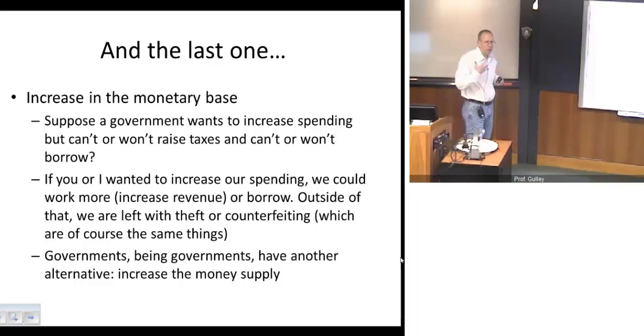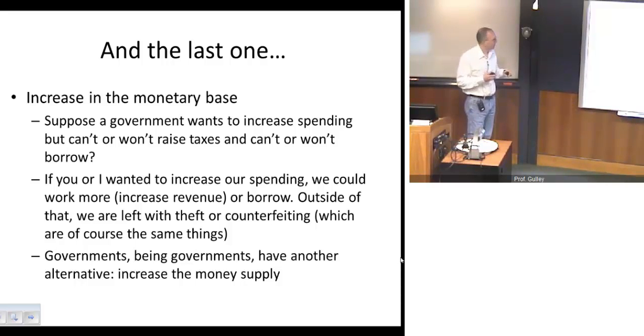If we as people want to increase our spending, we either have to go out and work more to generate more revenue, or we have to go out and borrow. So we've got credit cards, for example. Or if we're not going to do those sort of legitimate things, then we go out and steal things, or maybe we outright counterfeit, if we've got a really good color printer and some good scanning software.